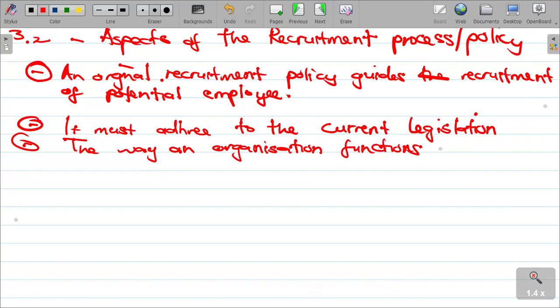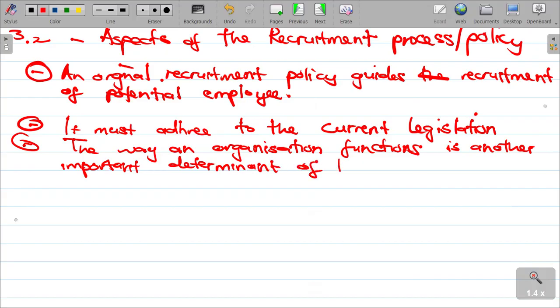The way an organization functions is another important determinant of its recruitment policy.